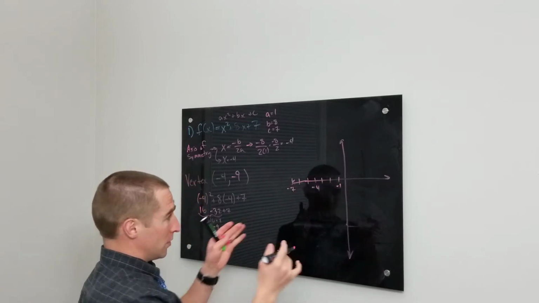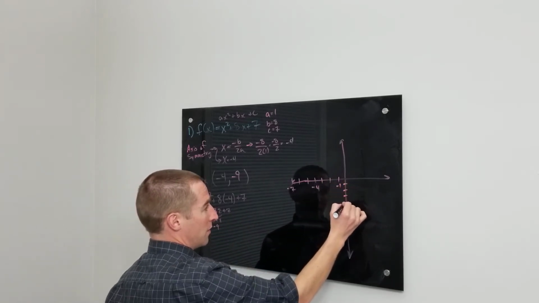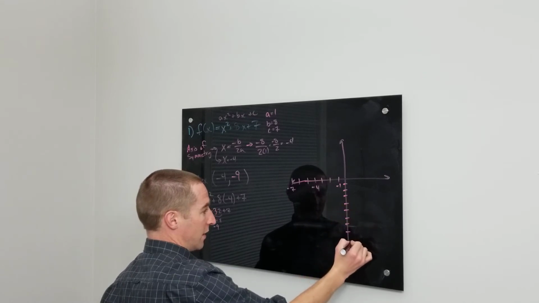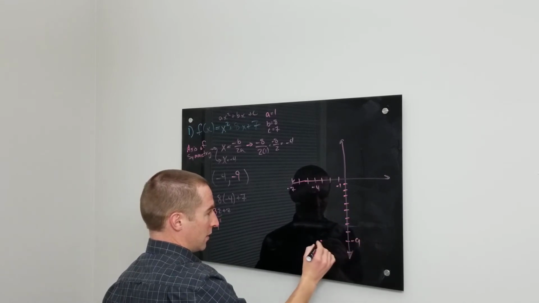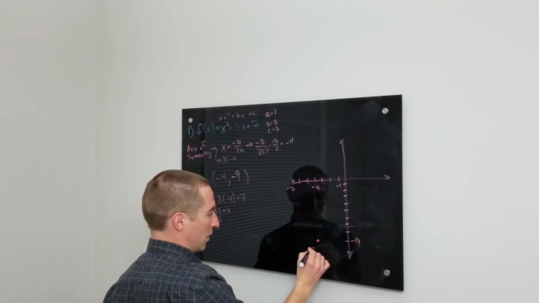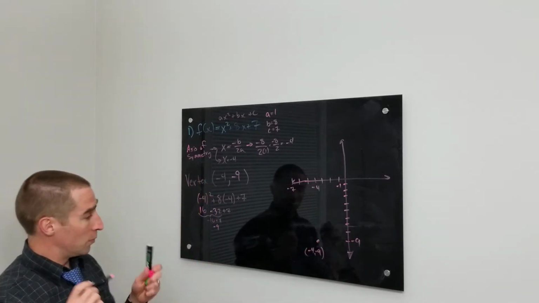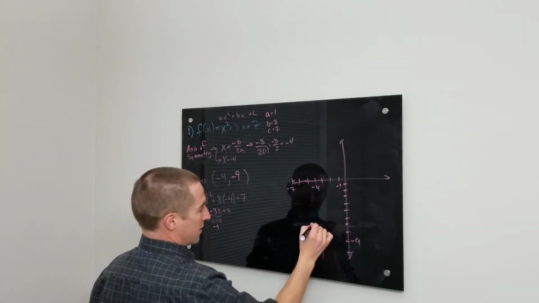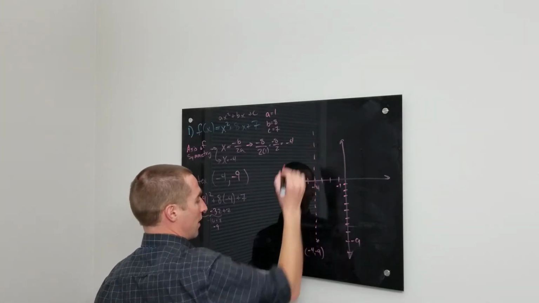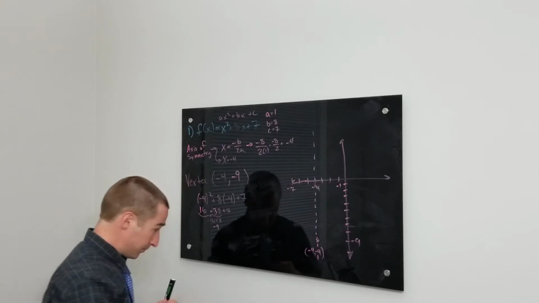And I need to go, right, 1, 2, 3, 4, 5, 6, 7, 8, 9, negative 9. So negative 4, negative 9, that's my vertex. So with that, and it's also my axis of symmetry, I can draw that in, the dashed line.